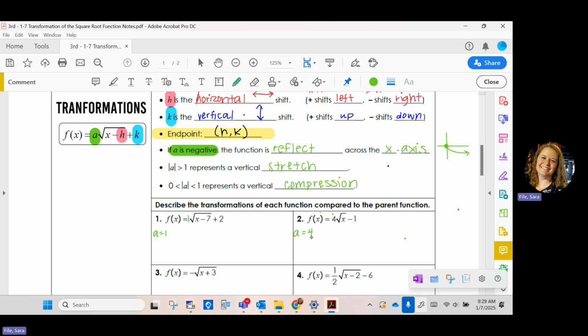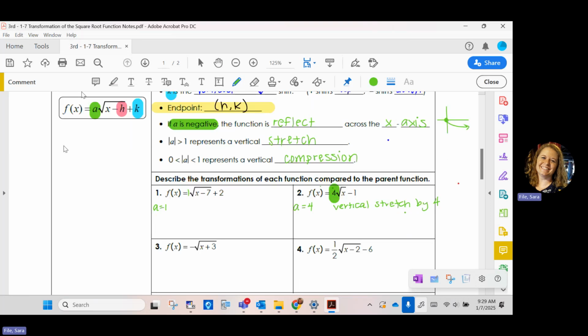Yeah, your A is 4, which means what? Good. If your A is greater than 1, you have a vertical stretch, by 4 in this case.